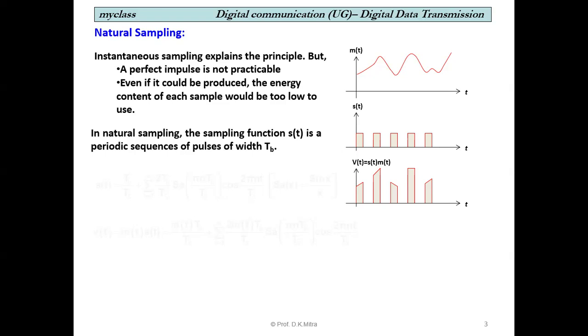Now, if we multiply these pulses with the original baseband analog signal, then of course our product multiplier output will be like this. That means during each pulse, there will be a measurement, and of course the top of the pulse will be exactly like the time domain curve of the baseband signal, right?